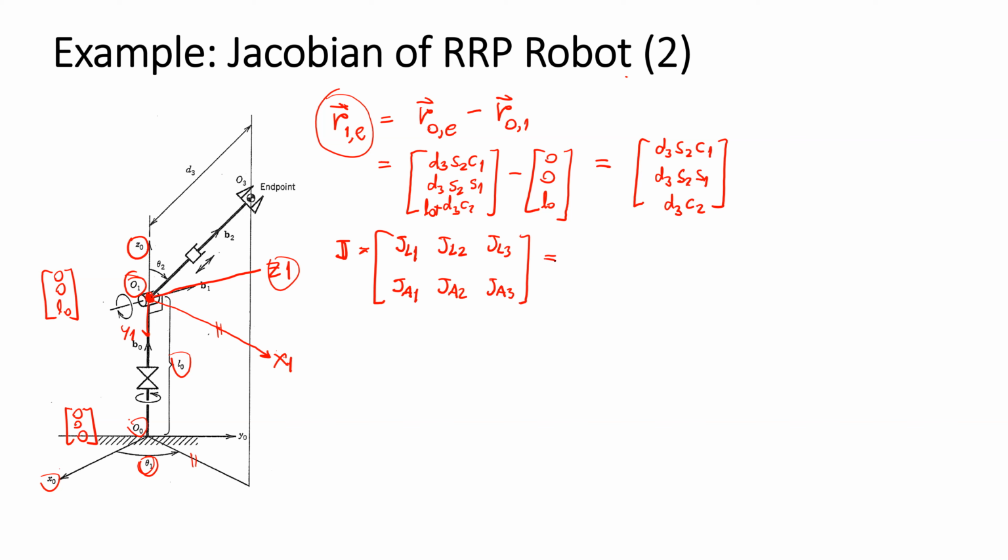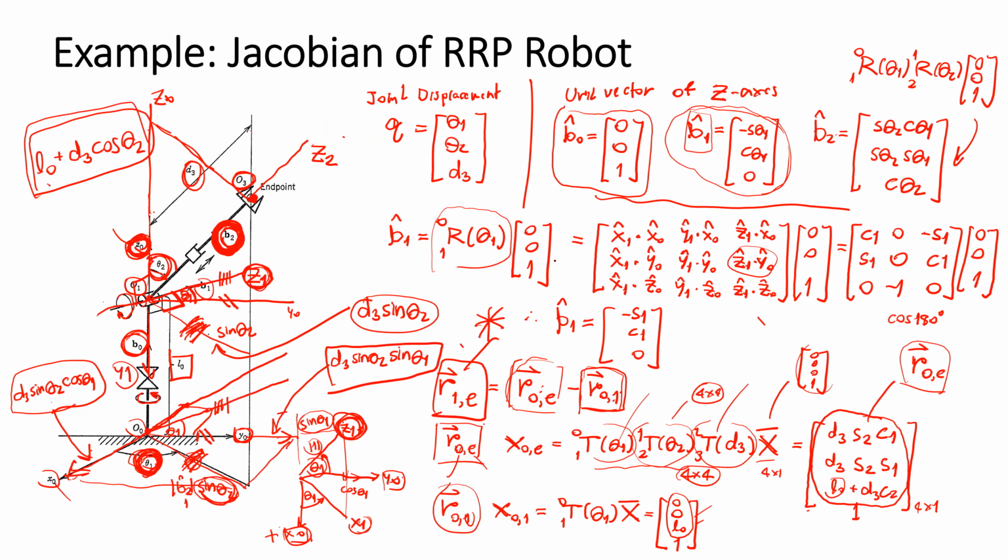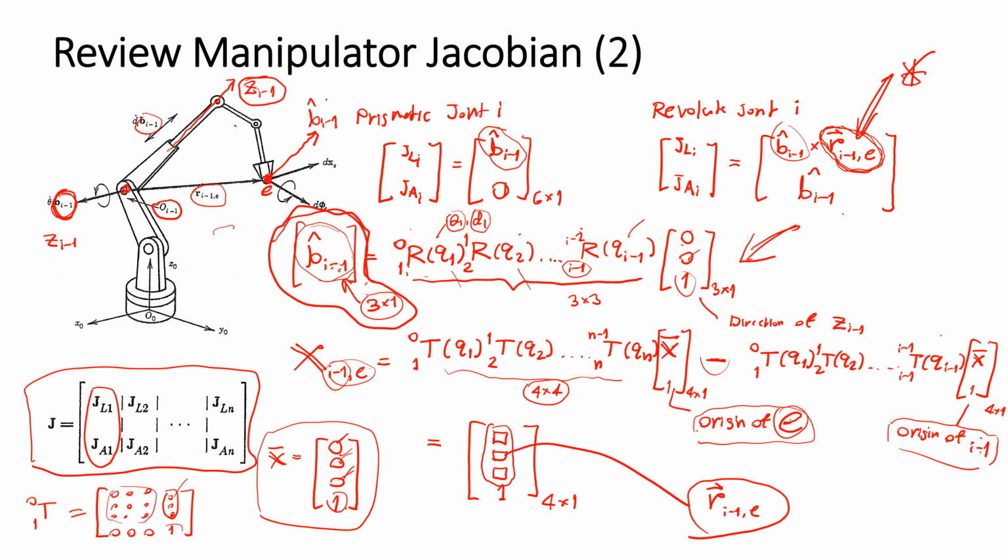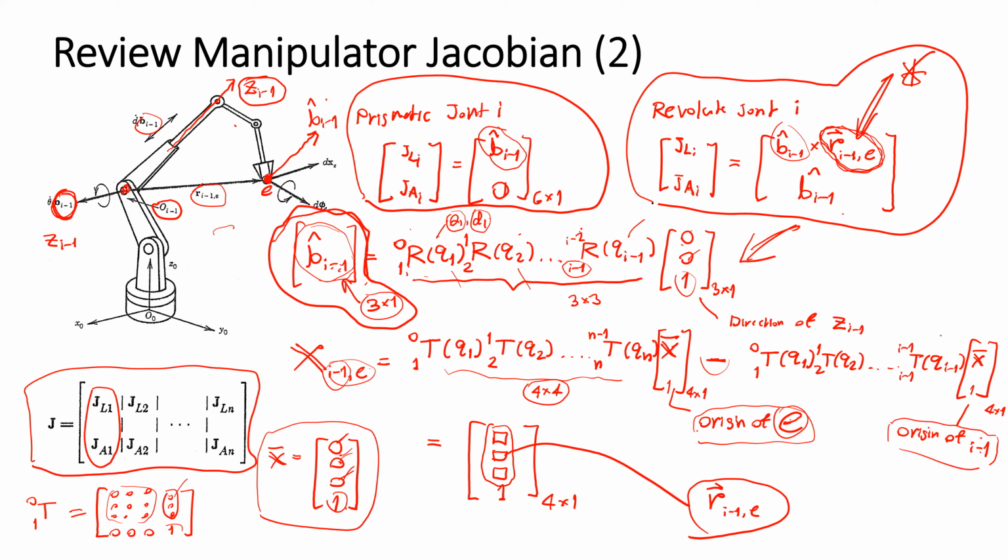But from the summary, we know that we have revolute and prismatic joints. The first two joints are revolute, and the last joint is prismatic. So for revolute, JL should be this one, JA should be this one.